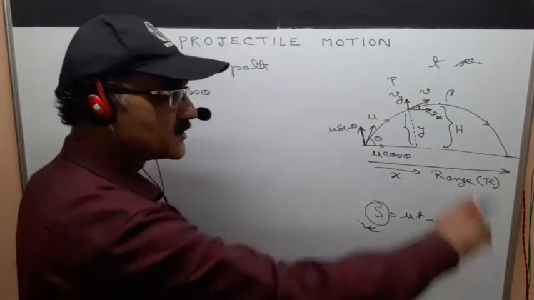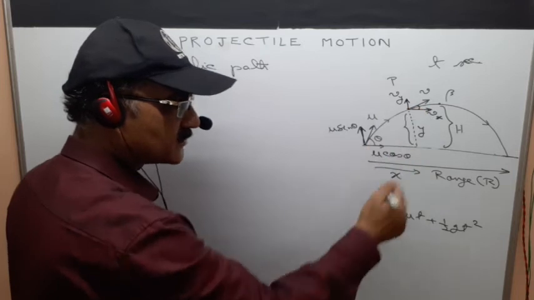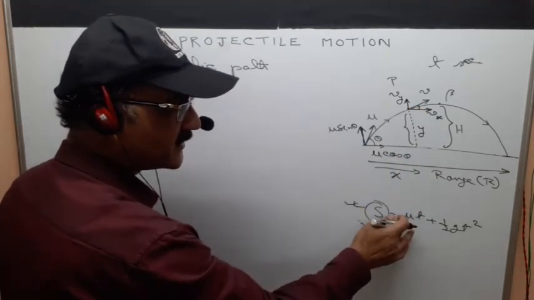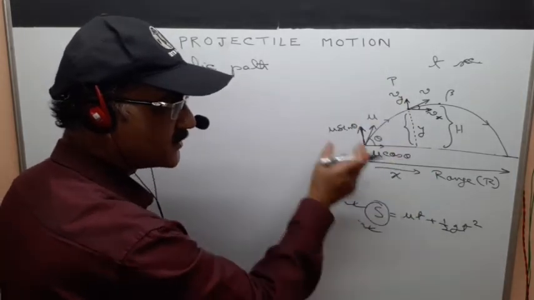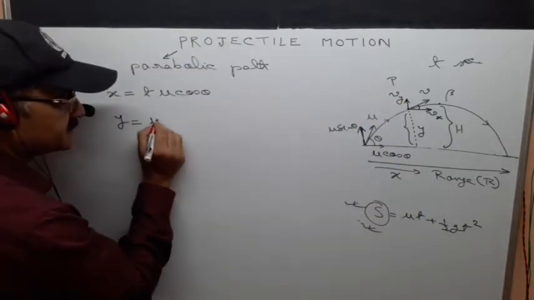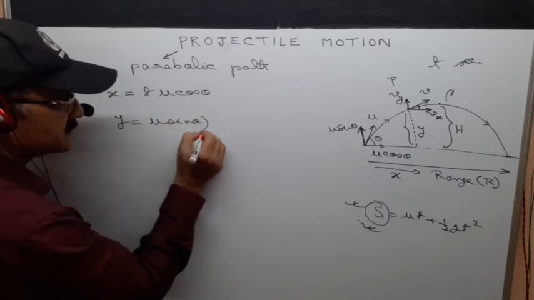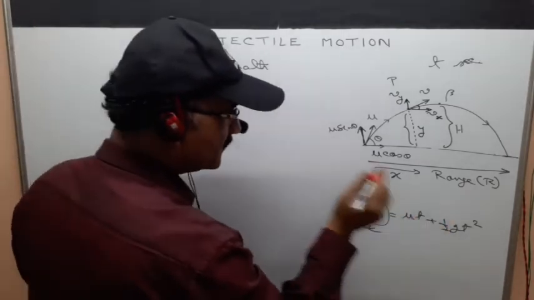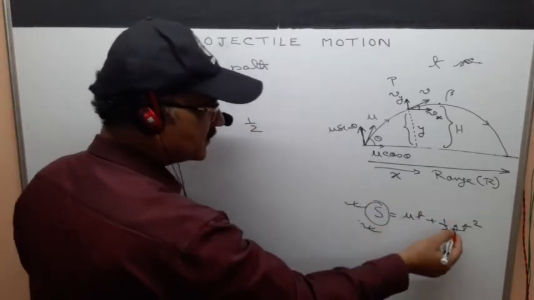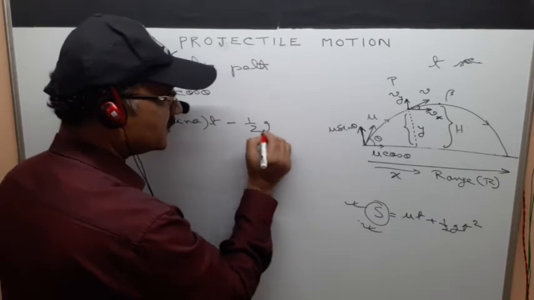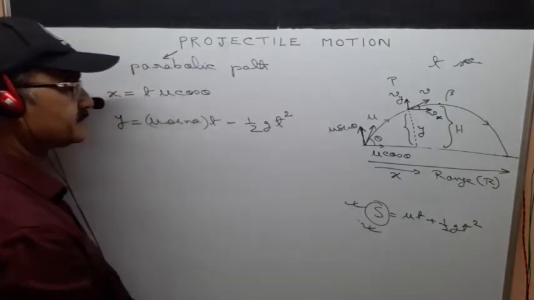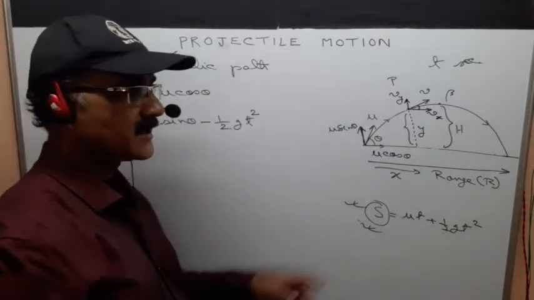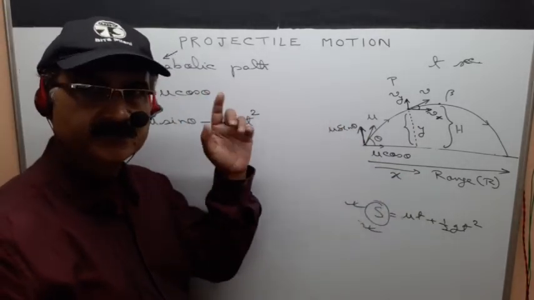So ut means initial velocity in the vertical direction, which is u sin theta, multiplied by t. g will be minus, so minus half g t square. So the equation for y will be this and the equation for x will be this.